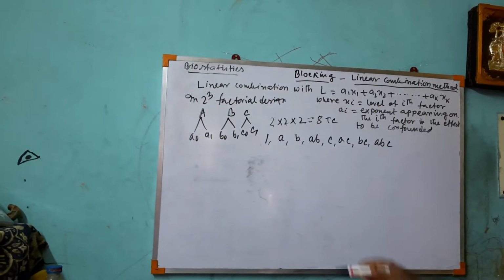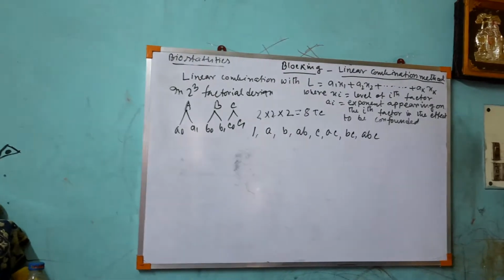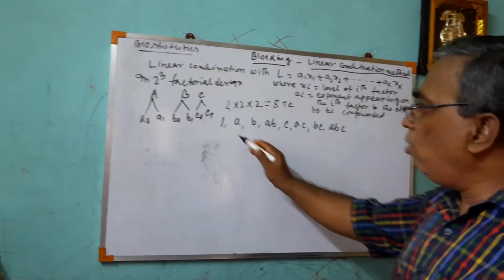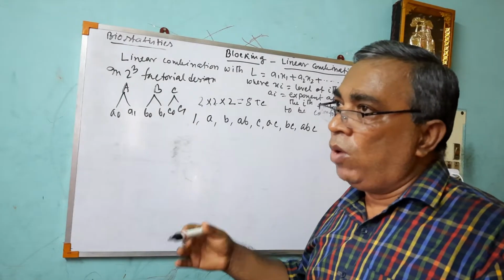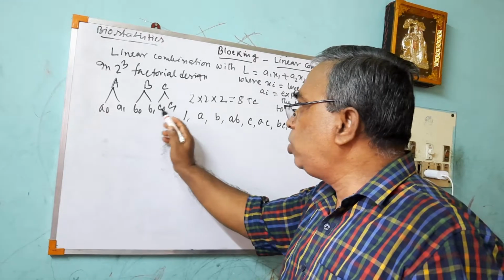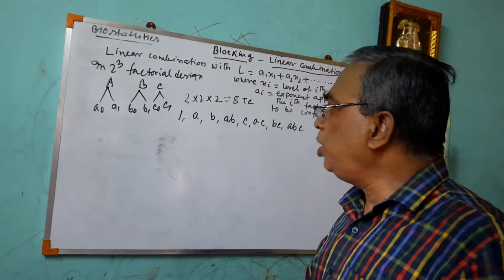I have to arrange these treatment combinations into blocks by the linear combination method. What do we mean by 1? It means all factors at 0 level, that is A0, B0, C0. What do we mean by A?